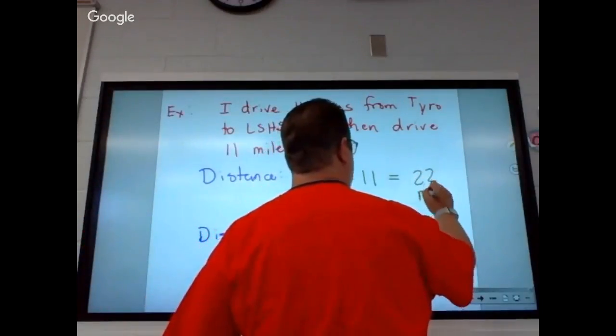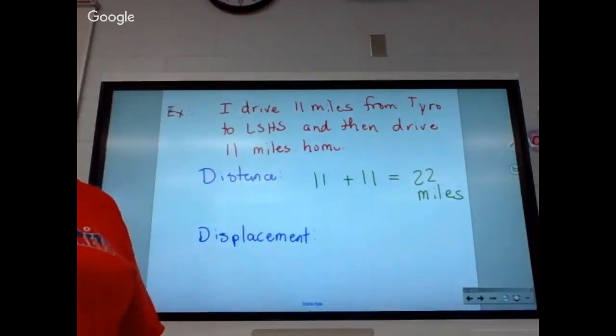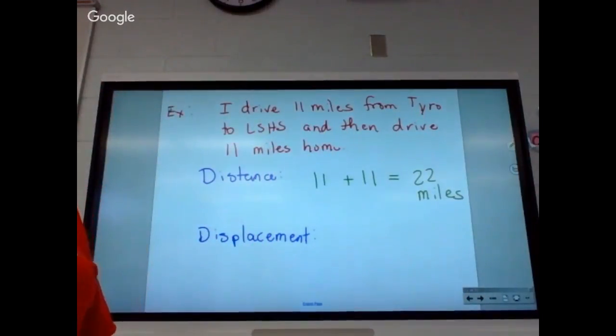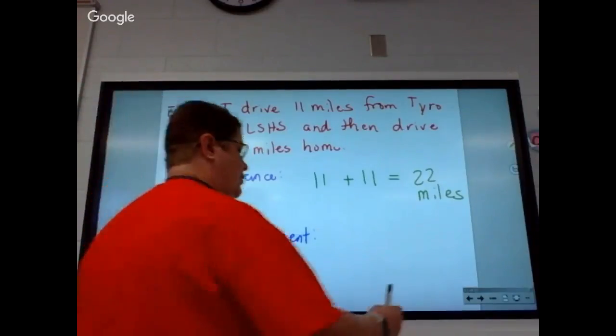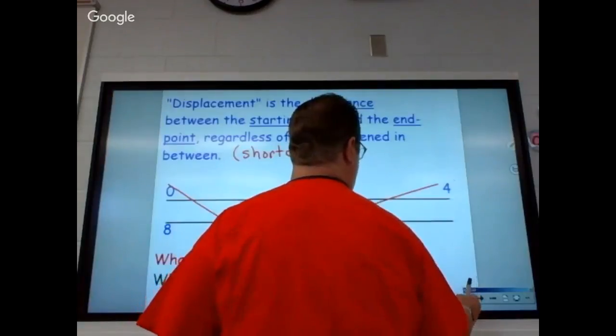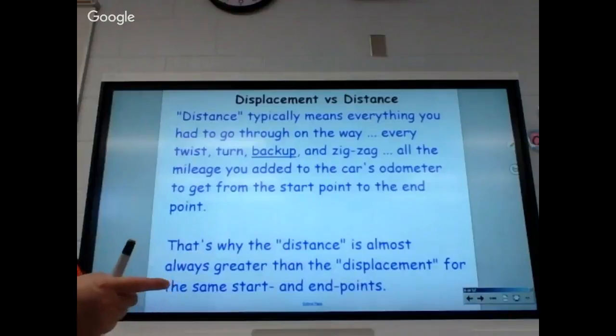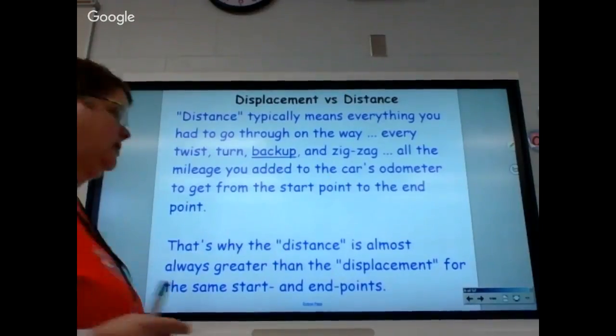So for the purposes of the gas that I'm going to burn in my car, I have to drive 22 miles to get to and from work, right? That's my distance. It's how far I have to drive my car to go to and from work. That's distance, okay? That's why I said distance back here in the definition was every zigzag, every backup, twist, turn, everything that my odometer measures. That's distance.